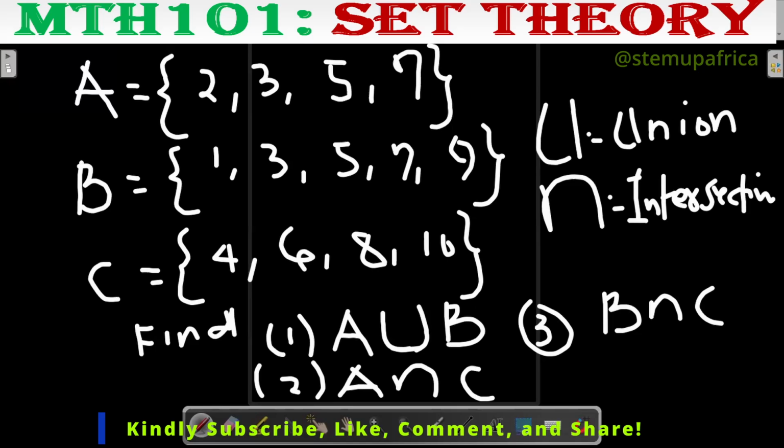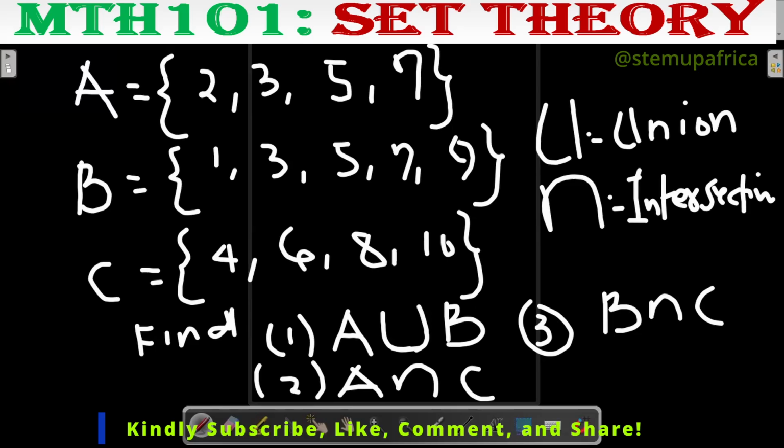Question 2 says you find A intersection C. And they don't have anything in common. So it's going to be a null set, an empty set. Then what about the last one?